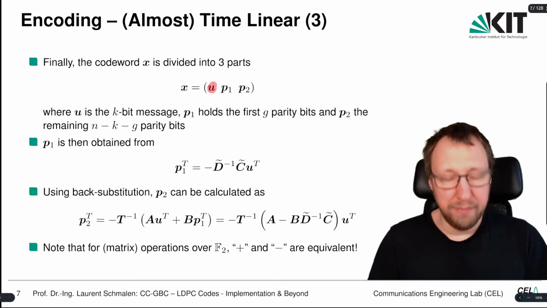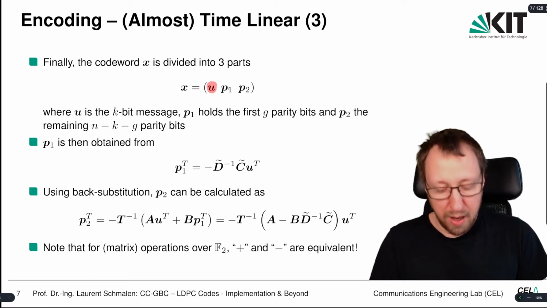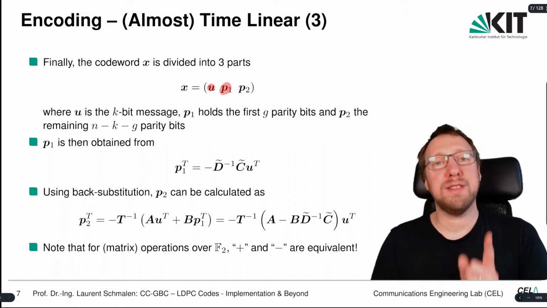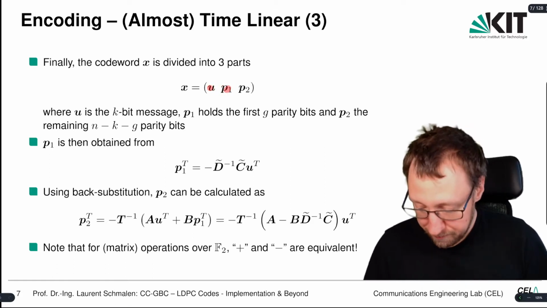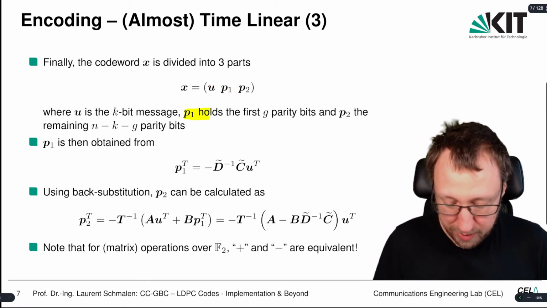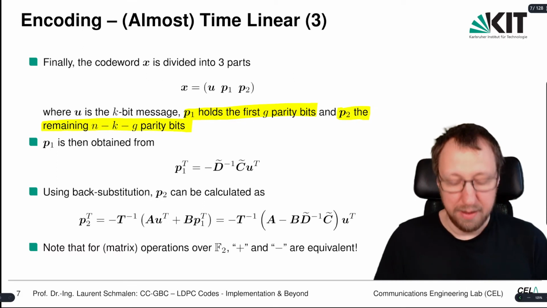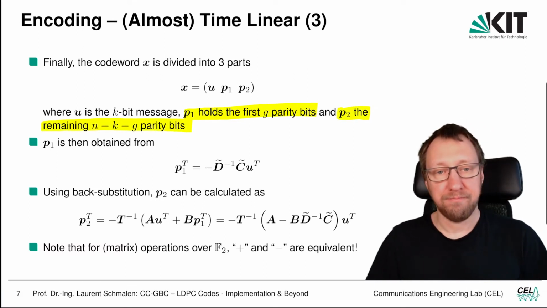So U is our information word, that's the message, it's K bits. P1 are the first G parity bits, and P2 are the remaining parity bits.